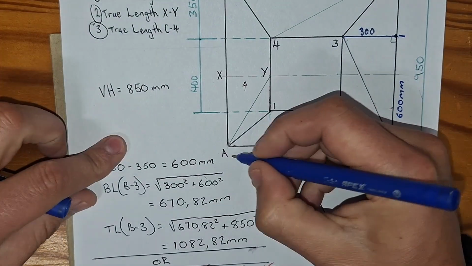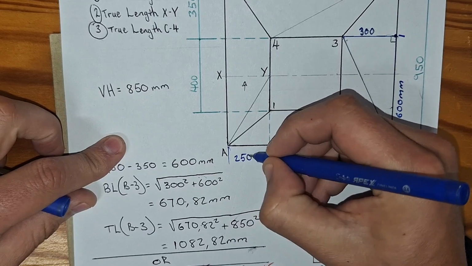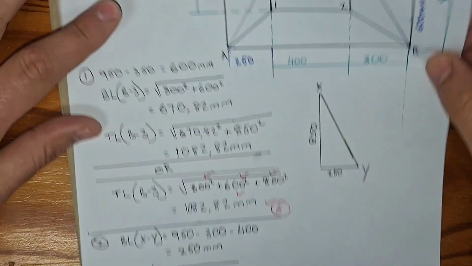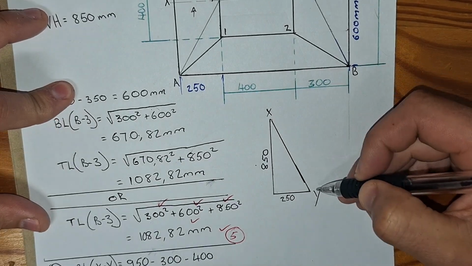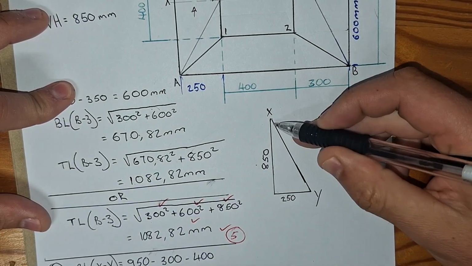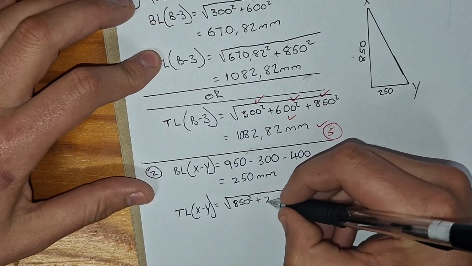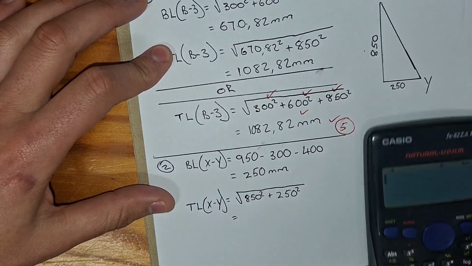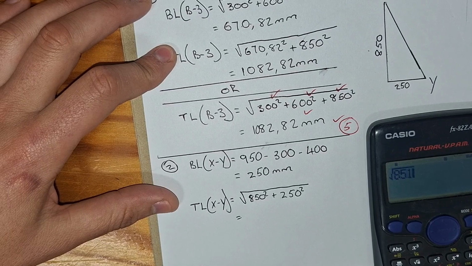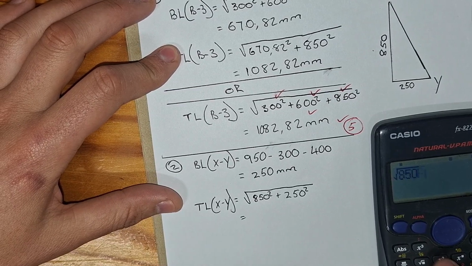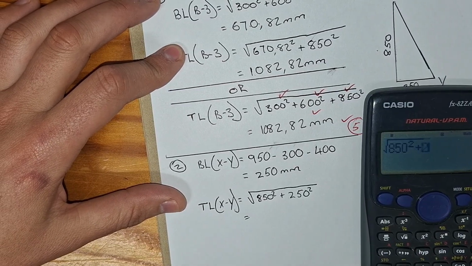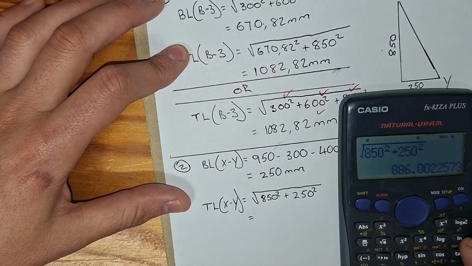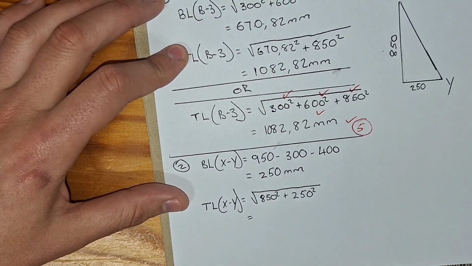You can add it in from there to there. And then we will get the slanted dimension, which is the true length for XY, which gives us a value of 886.00 millimeters.